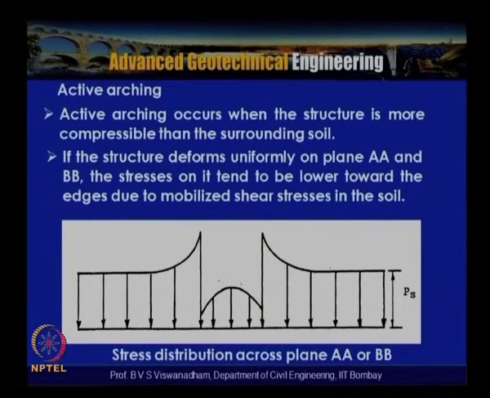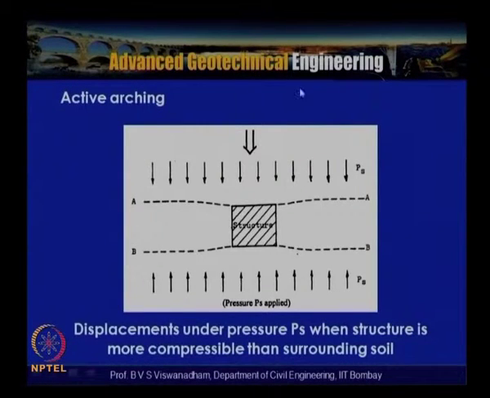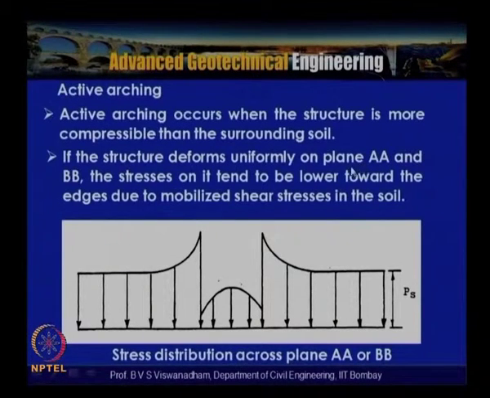If the structure is more compressible than the surrounding soil, then because of the mobilized shear stresses, the stresses will be lower, and you can see that the surrounding areas, that is the non-yielding portions, are actually receiving the higher stresses.